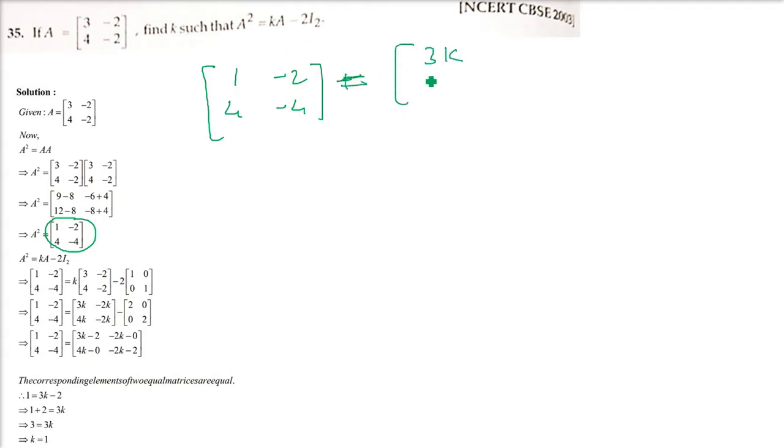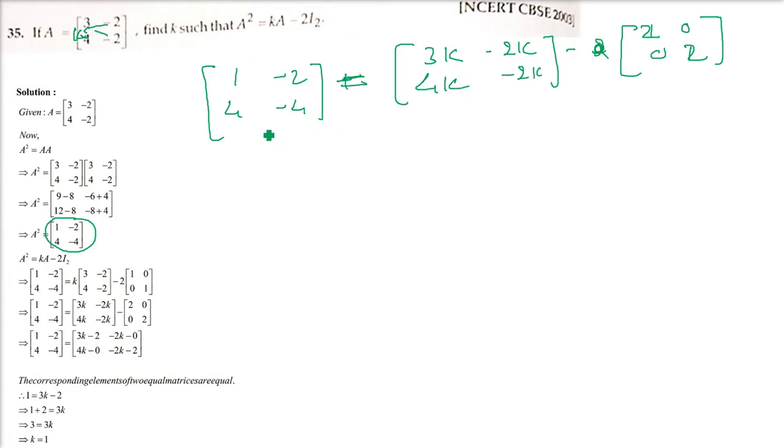So it will be 3k, 4k, minus 2k, minus 2k. I'm just doing scalar multiplication of k with this matrix. Minus twice into I2. I2 is the 2 by 2 identity matrix, so 1, 0, 0, 1. So just write 2 inside because 2 is a scalar multiple.